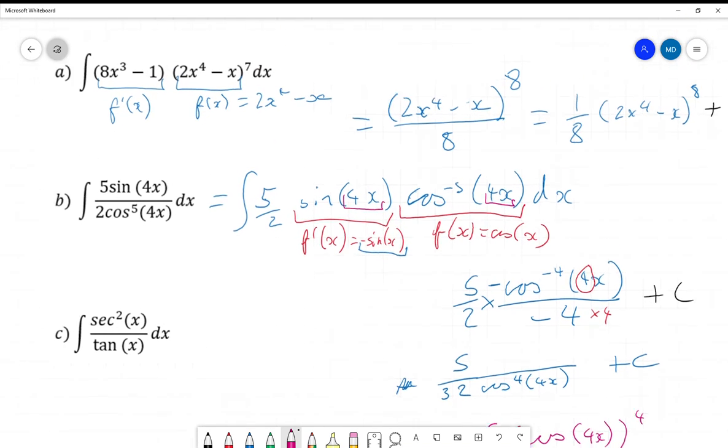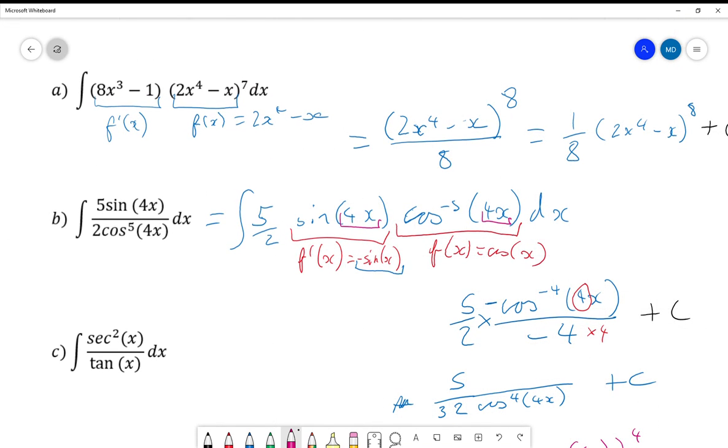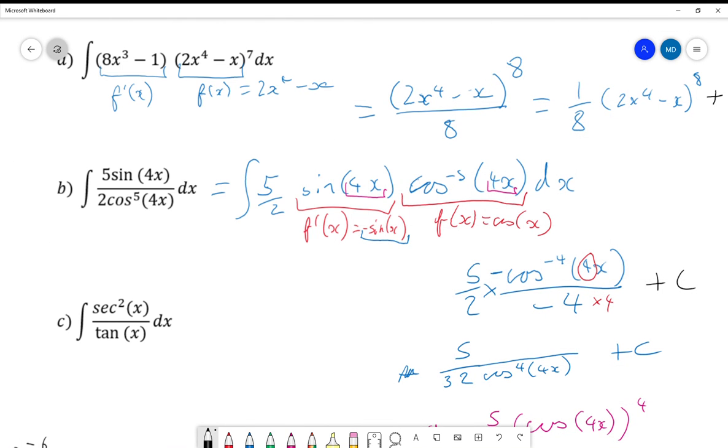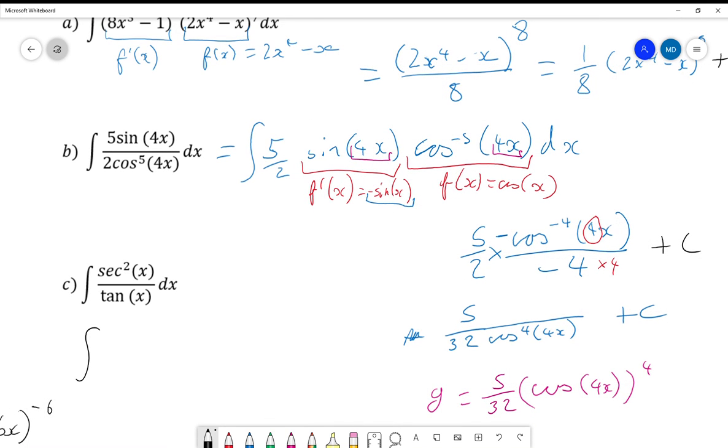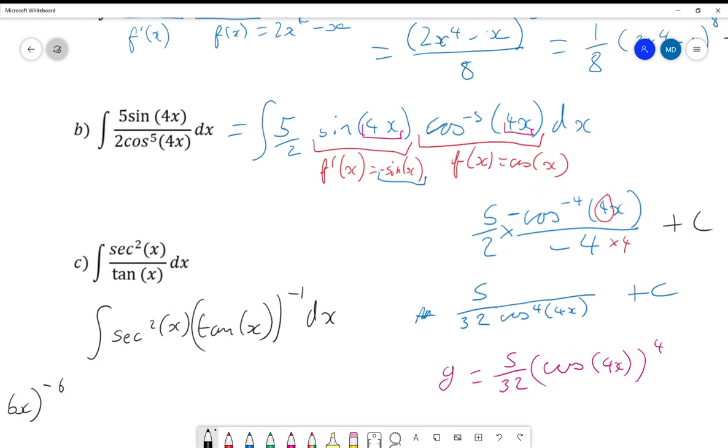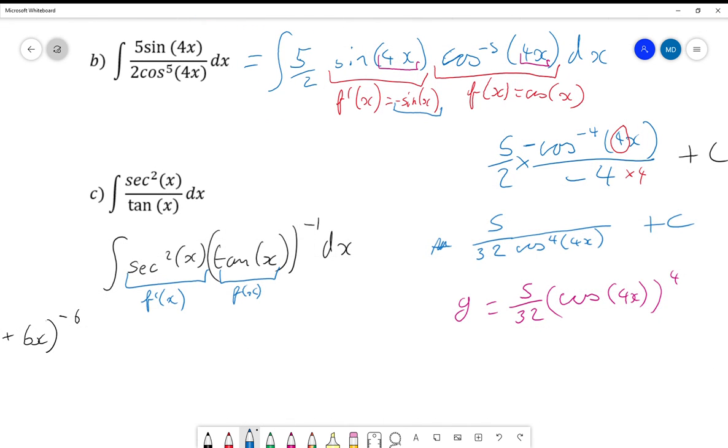Okay, and lastly here, the integral of sec squared x over tan x. Now, we have exactly the same situation here. You can write this as the integral of sec squared x tan x to the minus 1 dx, and the derivative of tan is indeed sec squared, so this here is our f of x, this is our f dash of x, but we have a problem because it's to the power of negative 1, and what we need to remember is powers of negative 1 don't integrate using our power rule, they have to integrate to a natural log.